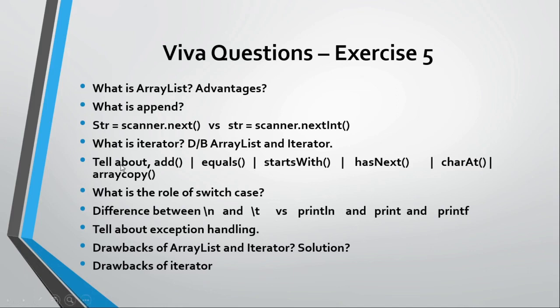Also the difference between startsWith and equals, and exception handling. As I have not handled the exception, we got an error, right? So download the source code and try to handle the exception, and let me know in the comment section. Then drawbacks of the iterator. I'm going to reveal all these answers in the next class.